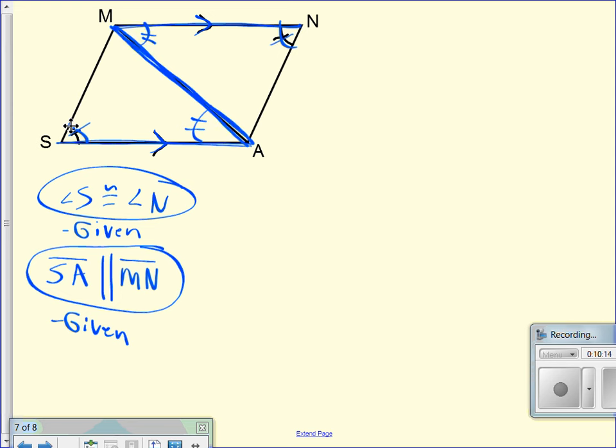So it's very important. This fact leads to the fact that angle, and notice, at point M, there's multiple angles. So I'm going to name this angle NMA. That's this angle up here. NMA is congruent to angle SAM.